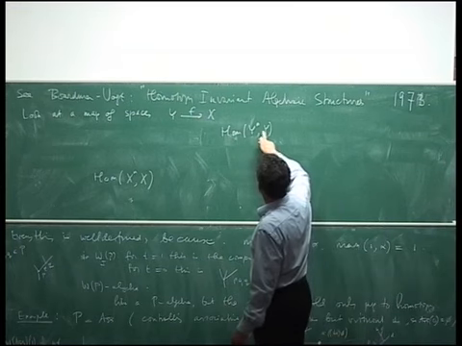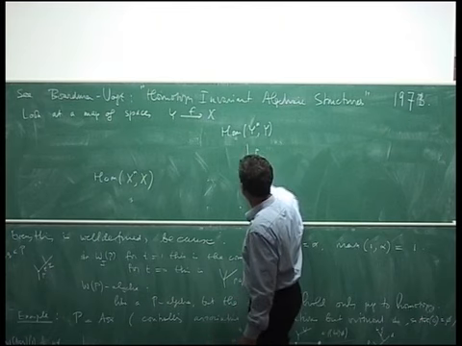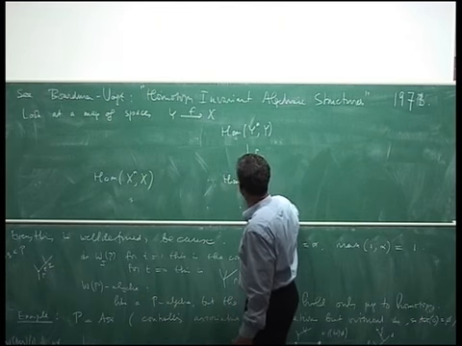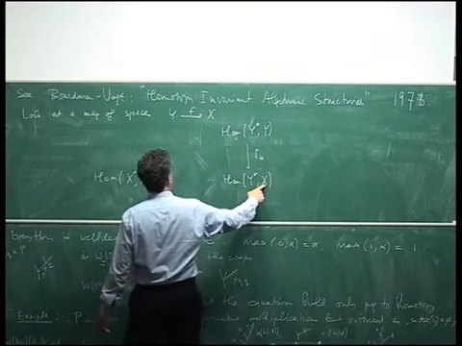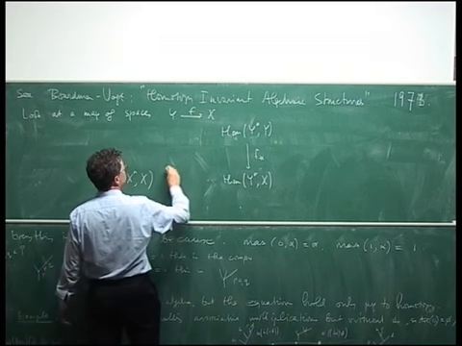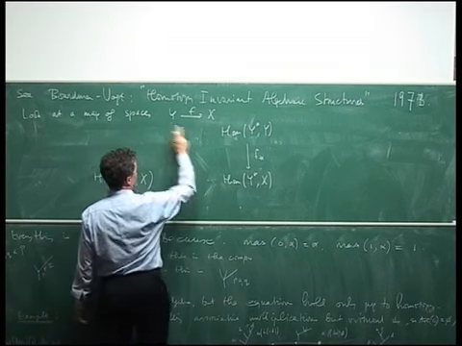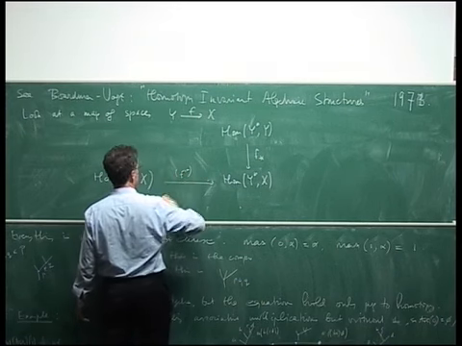So if you have a map from Y into Y, you can compose it with F, and you get to X. And if you have a map from Y into X, if you have a map from X into X, you can compose it with F to the n. Okay.